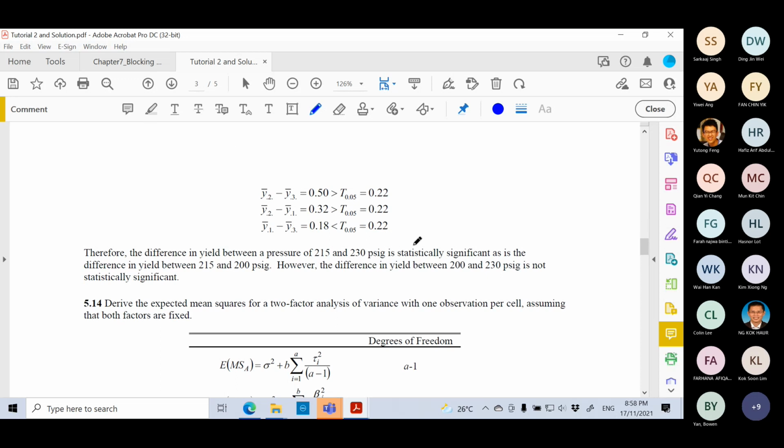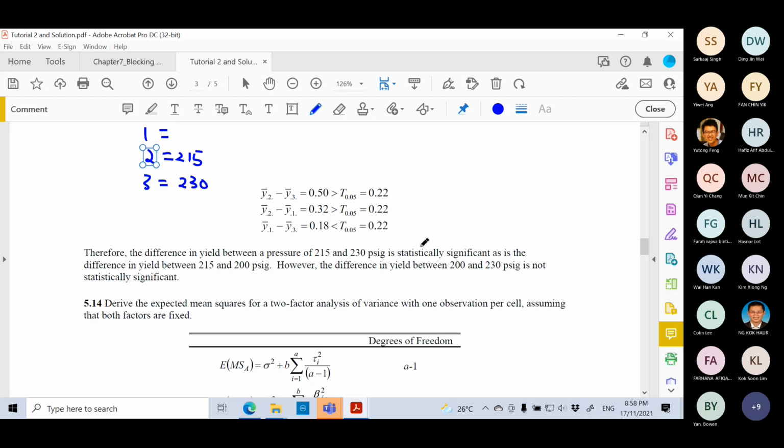Another thing is the conclusion here. The 2 here refers to 215. The 1 here is significant with 215 and 230. The 3 here is equal to 230, if I'm not wrong.